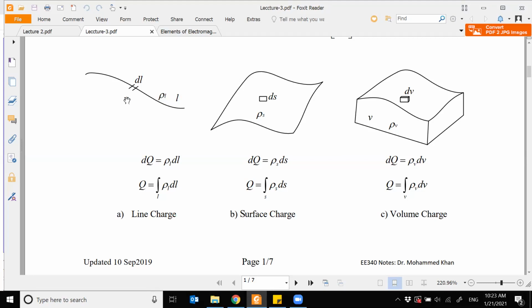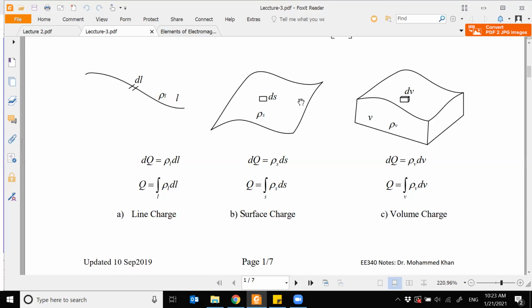As I told you, a simple example is a wire. A wire can be considered as a line distribution. We do not need to look at its volume and other things unless it is thick. And a sheet's thickness is very, very small. So although in reality even a sheet is a volume, since its thickness is negligible, we can assume it as a surface charge distribution.